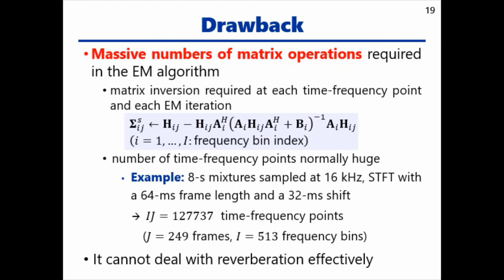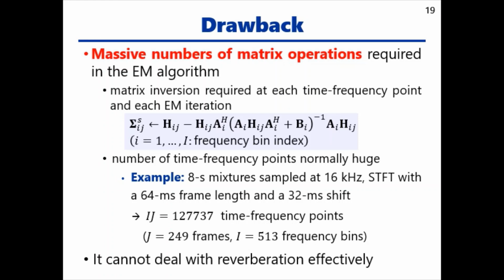Although applicable even to the underdetermined case, FastFCA has drawbacks. In this method, massive numbers of matrix operations are required in the EM algorithm. This is because matrix inversion is required at each time frequency point and each EM iteration.